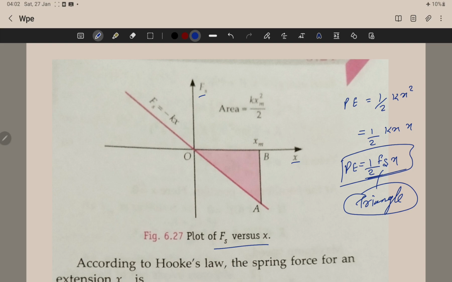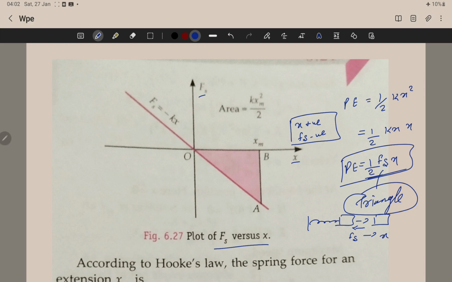If we stretch the spring, x becomes positive and the force becomes negative. Let's say there is an equilibrium position, and we stretch the spring. The spring force is in the negative direction and the displacement is in the other direction.